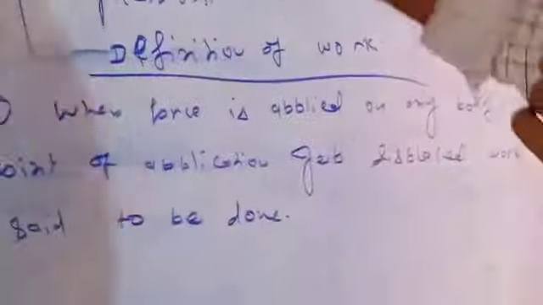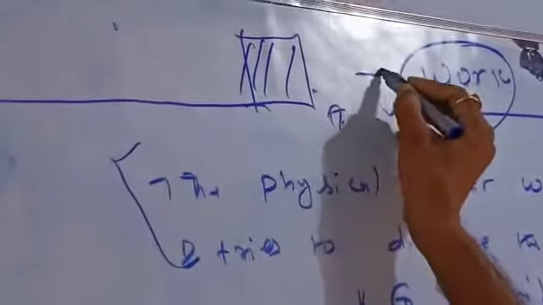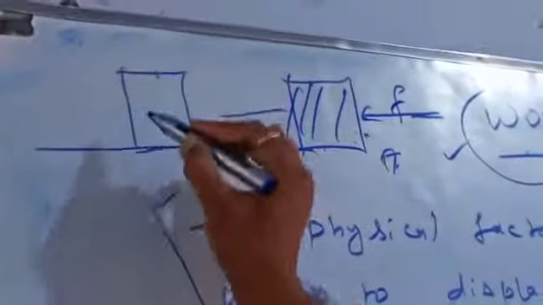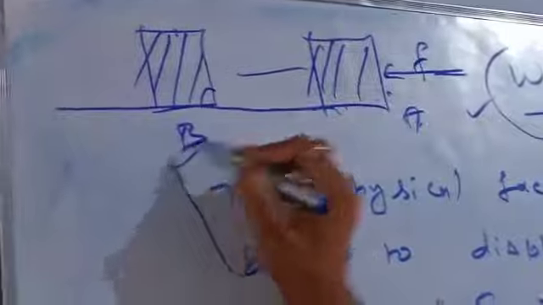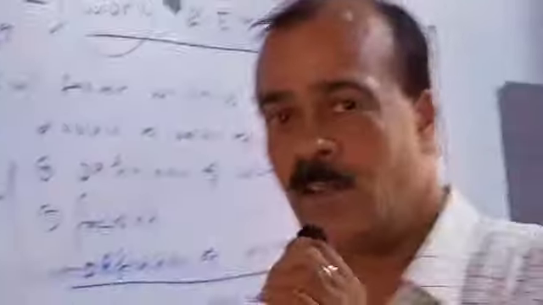Suppose here is a body. This is the body, the point is A. When this body is pushed with magnitude of force F, this body gets displaced from point A and comes to point B. Coming from A to B, we say the work is said to be done. This is the first definition.